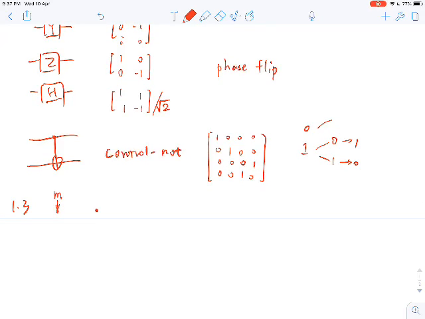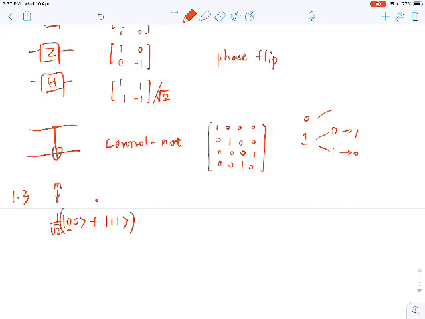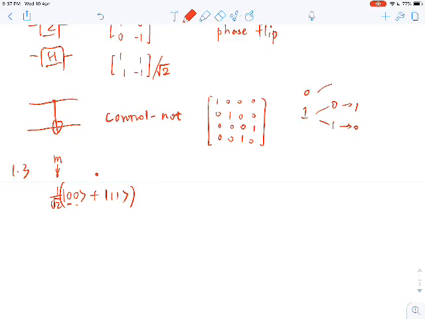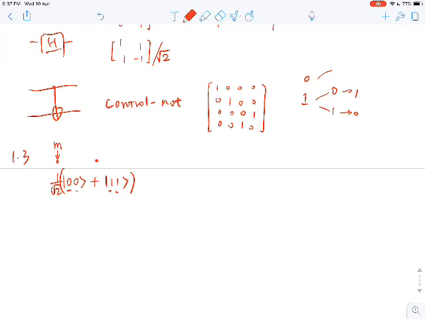Like if we write a state like this, if we measure the first qubit, if the first qubit is 0, then the second qubit must be 0. If the first qubit is measured as 1, then the second qubit must be 1, and therefore the state of the second qubit is changed.